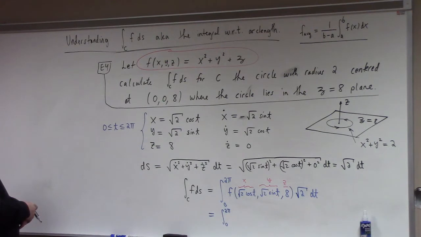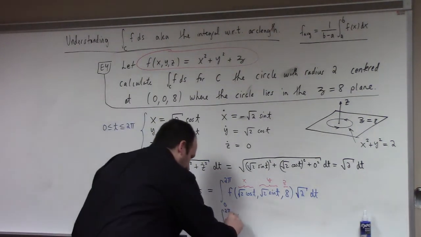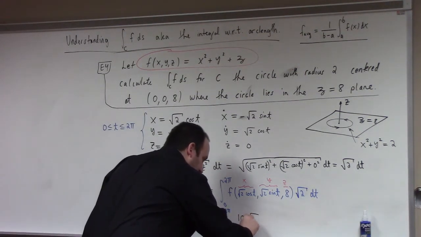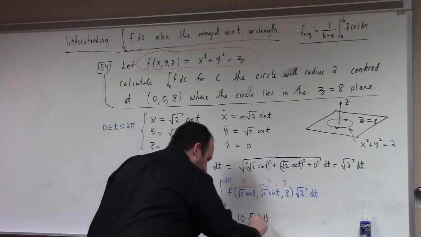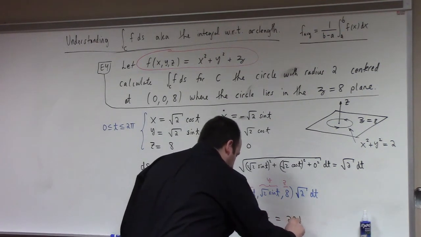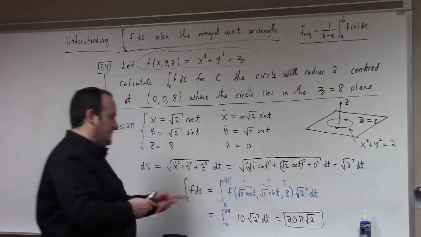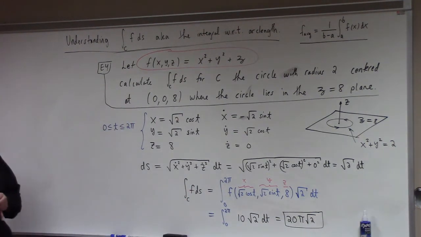A 2 plus z, but z is 8, so that whole thing is just 10. So I get 10 times the square root of 2 dt. And so that is simply 20 pi square root of 2. And there you go. Because that's a constant, so we just multiply the constant times 2 pi for such an integral.